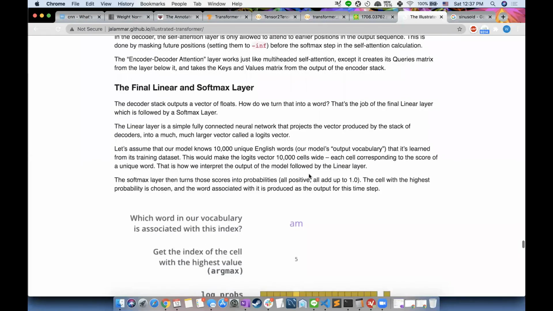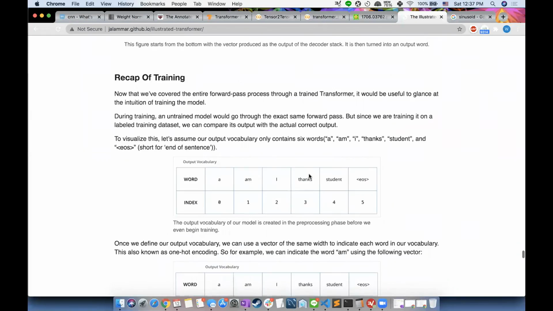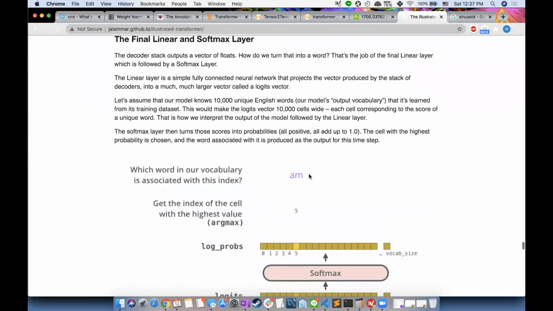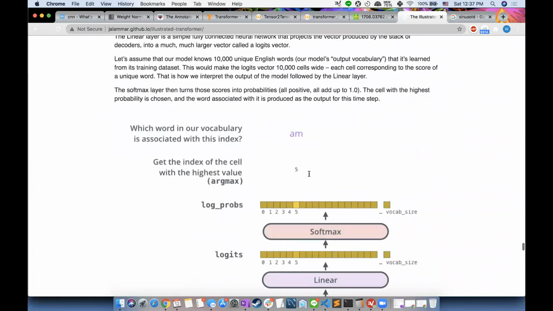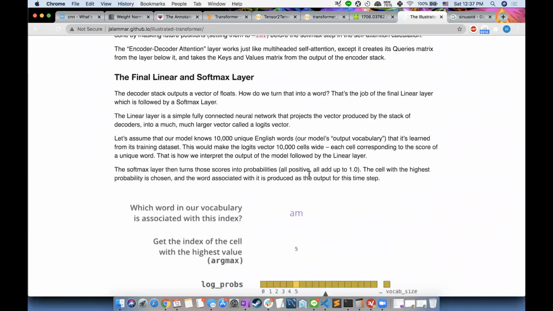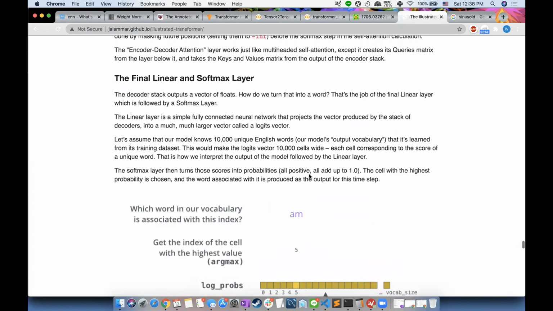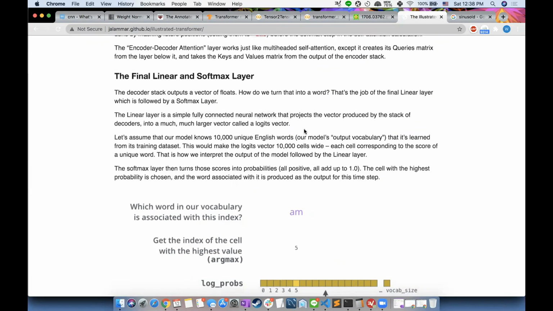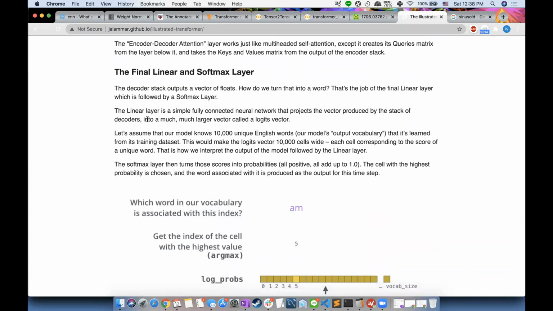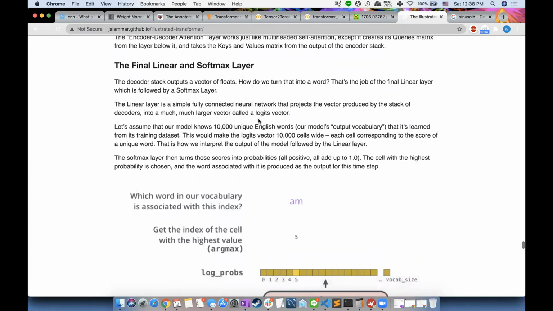Okay, final linear and softmax layer. That's pretty straightforward. We're just doing linear layers, a simple fully connected neural network, and that projects the vector produced by the stack of decoders into a much larger vector called a logits vector.